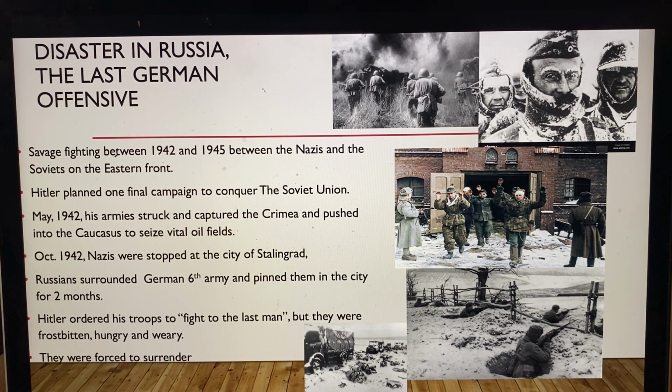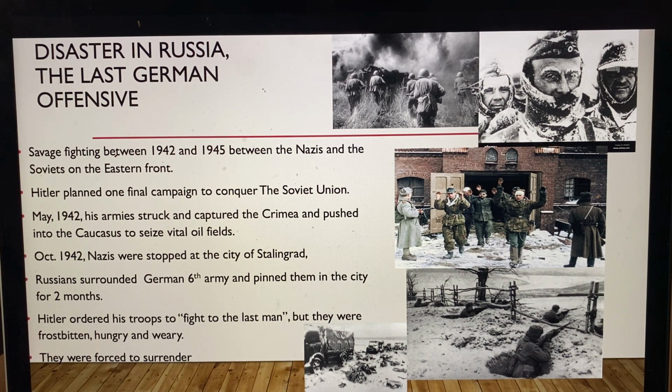So now there was savage fighting between 1942 and 1945 between the Nazis and the Soviet Russians on the Eastern Front. I call them Soviets at that time because they were under the communism of Stalin. So you have Hitler and Stalin's forces fighting against each other.